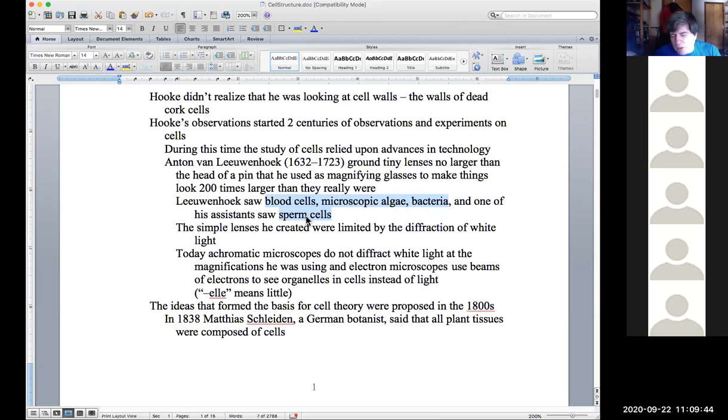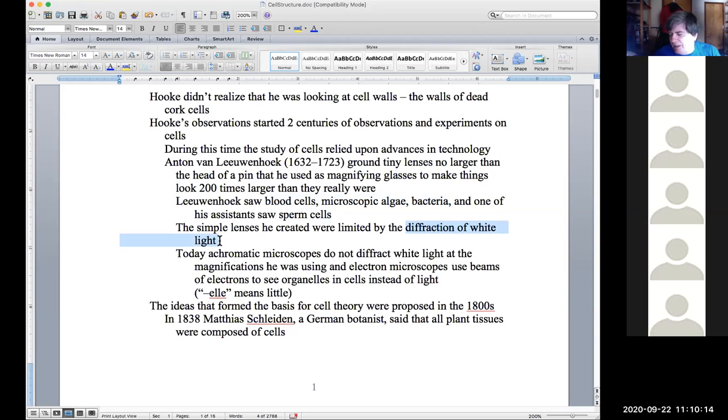But there was a problem. When you start to magnify things too highly, you start to see diffraction of what we call white light. And white light is just what we refer to as kind of the color of sunlight, or some room lights are. And when white light starts to diffract, if you had a physics class, you might remember that light is actually made up of the visible spectrum.